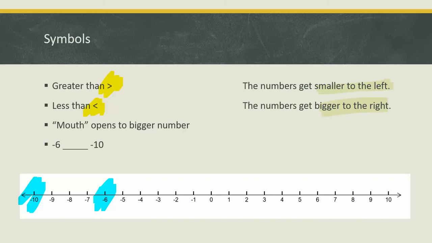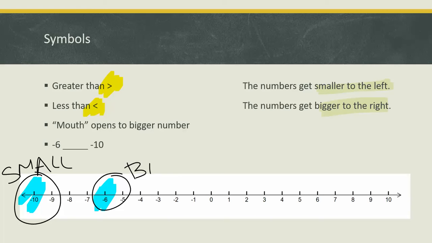So let's compare negative 10 and negative 6. The one that is to the left is smaller. So negative 10 is to the left. That must be my small number. Negative 6 is to the right. That must be my big number.